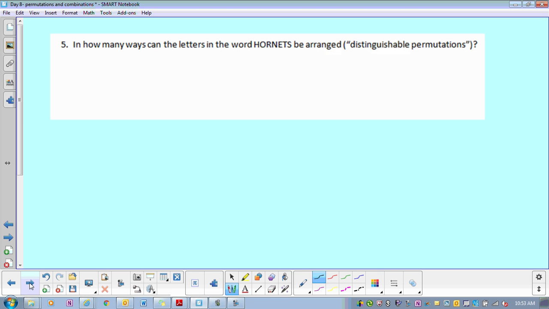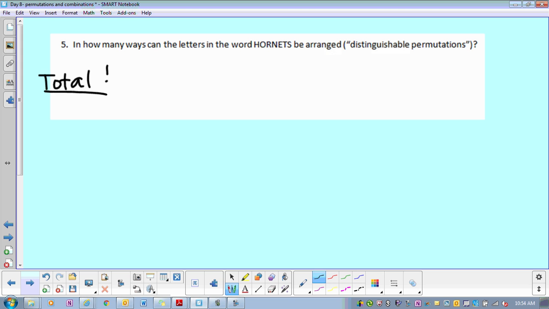In how many ways can the letters in the word hornets be arranged? So another way that they might ask you this problem is they'll say, how many distinguishable permutations are in this? So obviously, this is a permutation, right? I'm going to show you another way to do this.